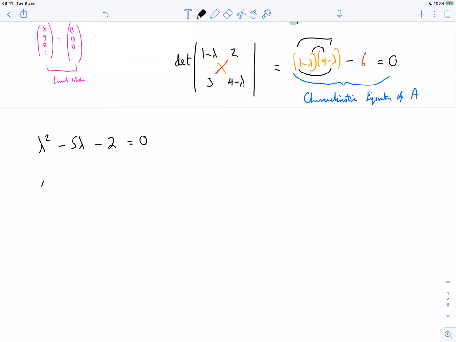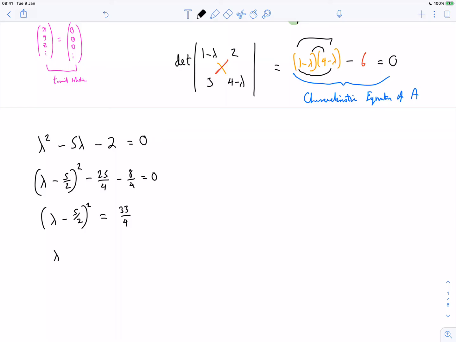So I'm probably going to complete the square on this. So (lambda - 5/2)^2 - 25/4 - 2, which is - 8/4, equals 0. So (lambda - 5/2)^2 equals 25 plus 8, I believe, which is 33 over 4.